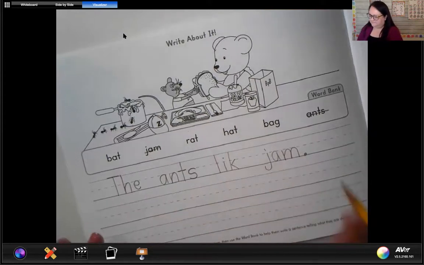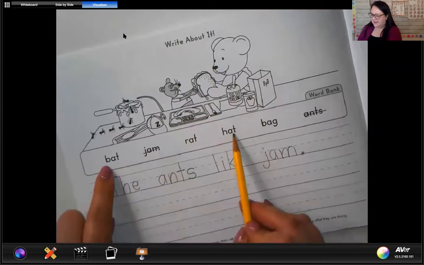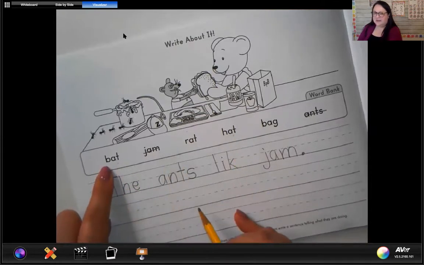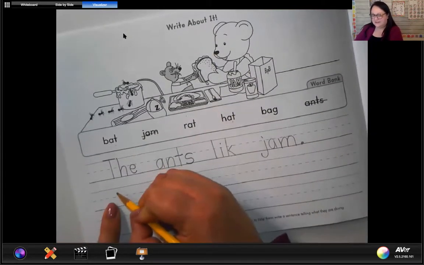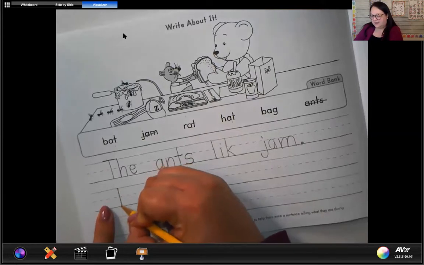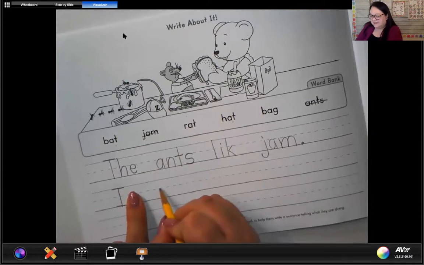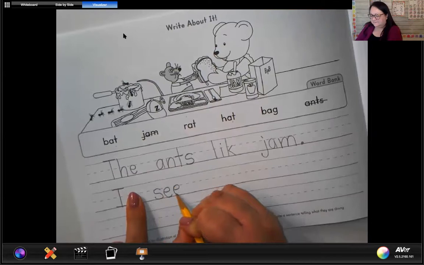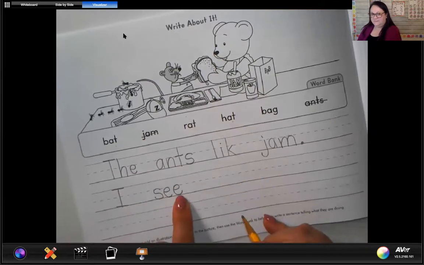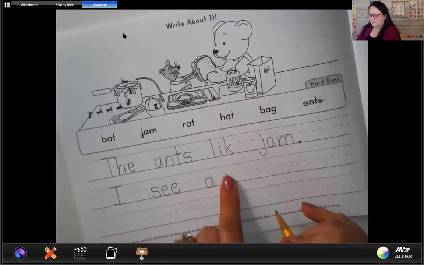Okay? Let's see. We could do another sentence with a bat and the hat. Let's say, I see a bat and a hat. Ooh, that's going to be a long sentence. Okay, let's try that one. So first, I, capital I, finger space, see, I see, finger space, a bat.